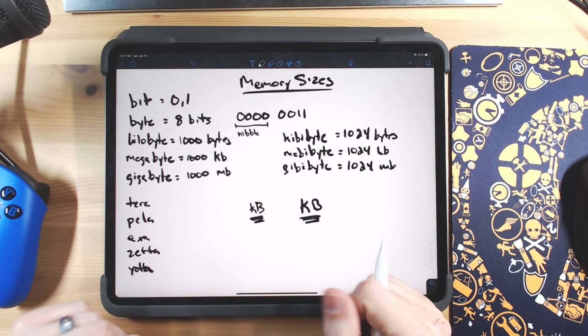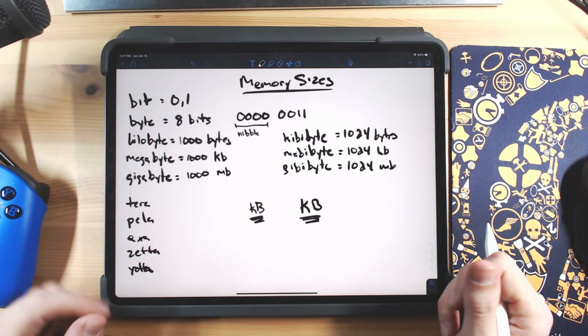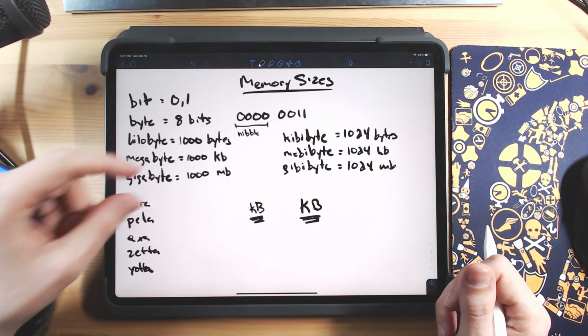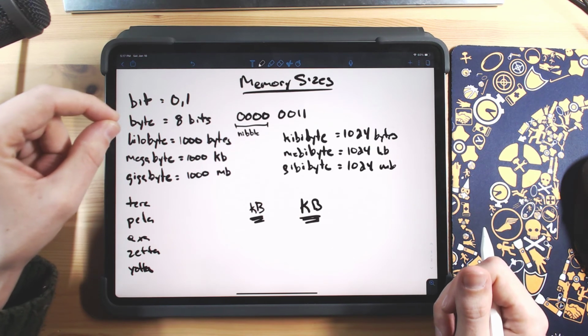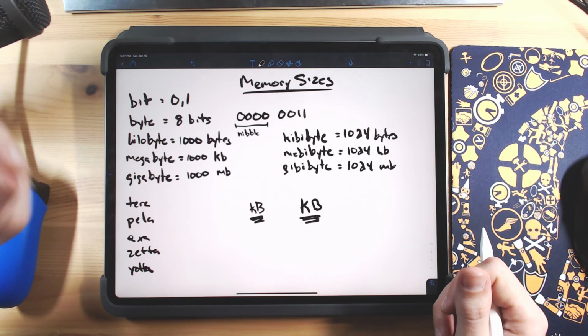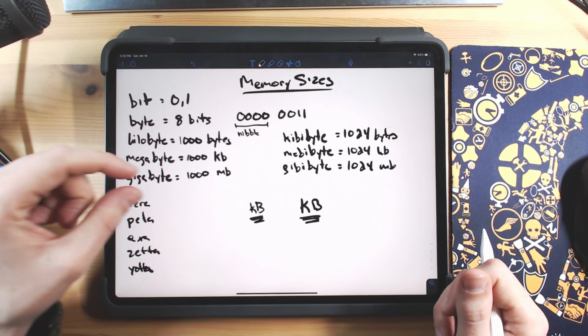So these are the standard sizes that we work with when we deal with memory. When we're talking about individual values, individual variables, we're typically talking about some number of bytes. When we talk about our computer memory, our sticks of RAM, typically we're talking about this realm, gigabytes.